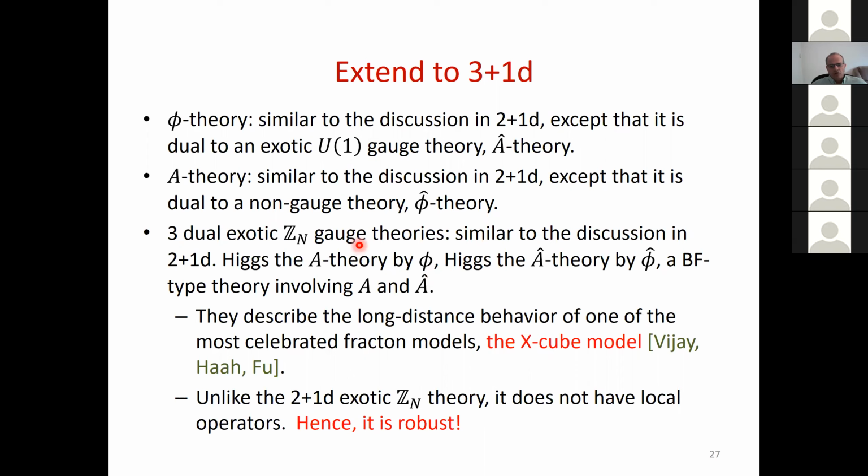And that turns out to be the long distance behavior of one of the most celebrated fracton models in the literature, known as the X-cube model of Vijay, Haah and Fu. And unlike the 2+1 dimensional exotic gauge theory, this is robust in the sense that even for a lattice person, even for a condensed matter person, this system is completely stable.